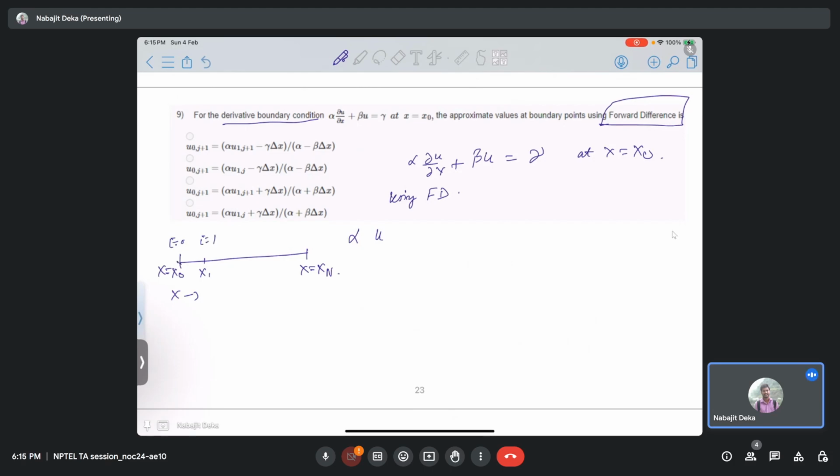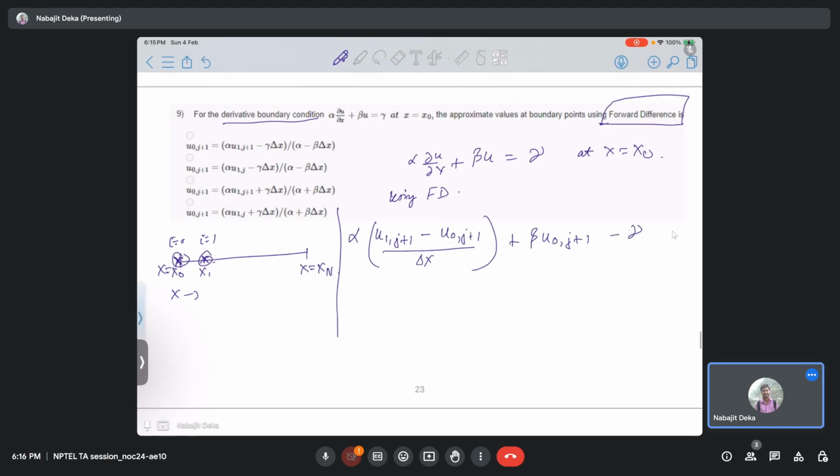So using forward difference, we will be taking these two points to represent the derivative. So it will be u1 j plus 1 minus u0 j plus 1. So this is the form that we get.